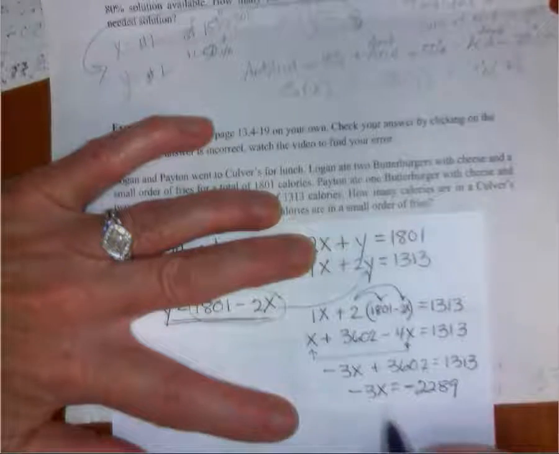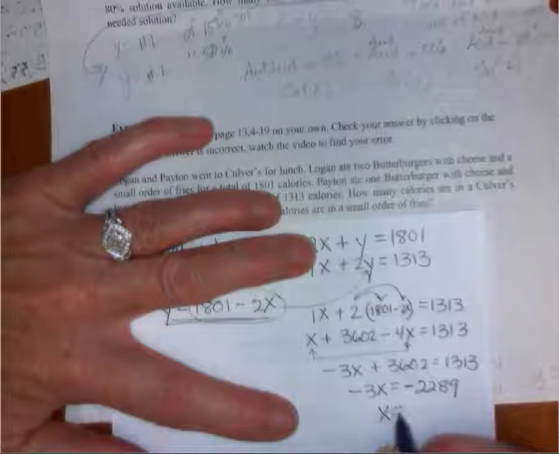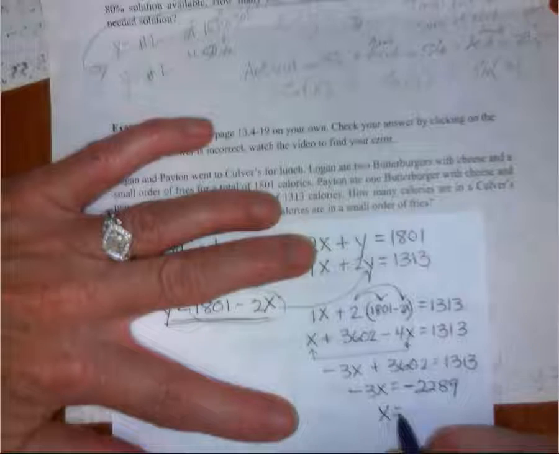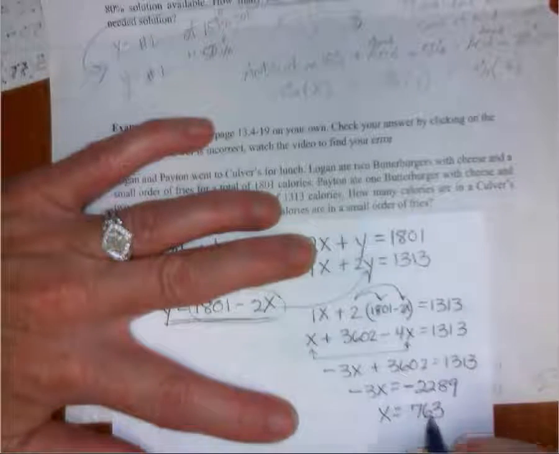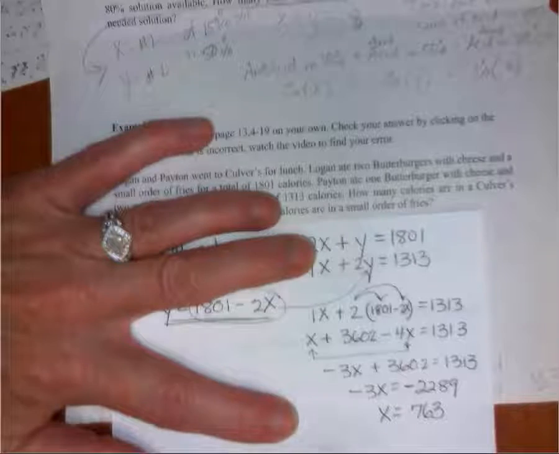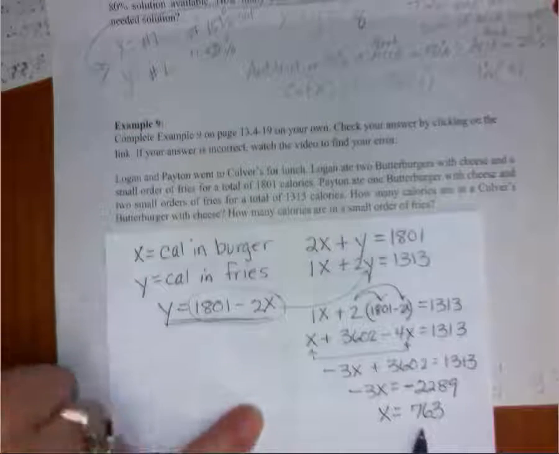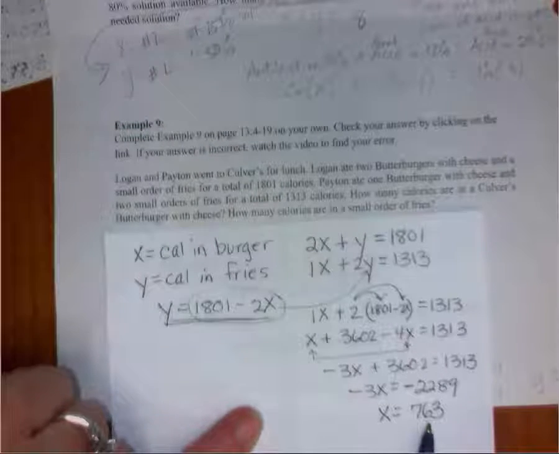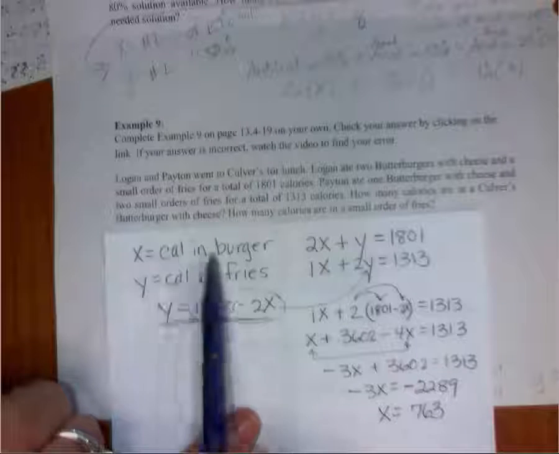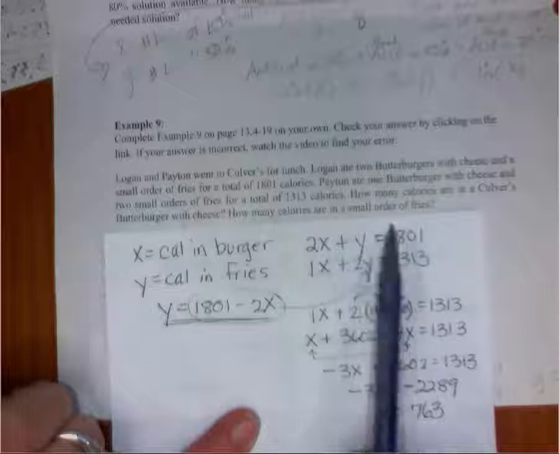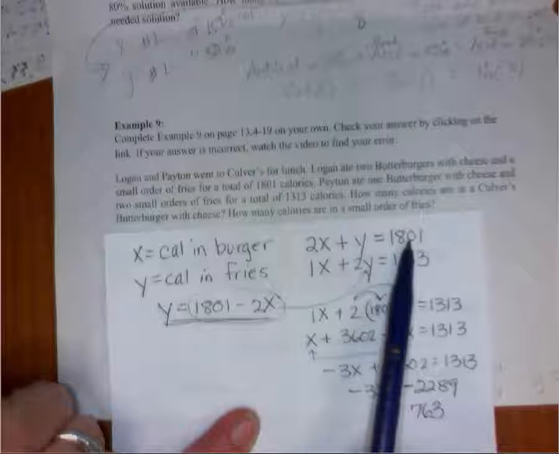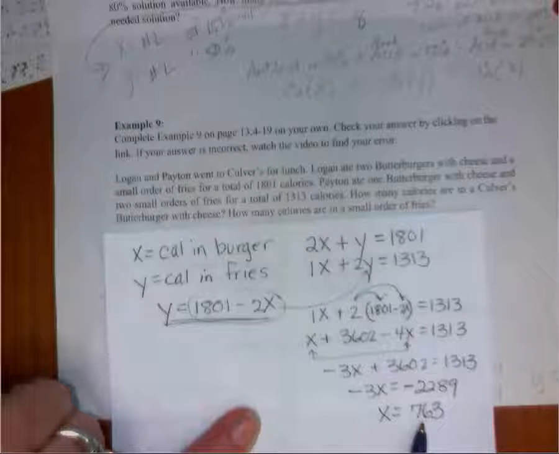Divide both sides by negative 3, giving x equals 763. So it probably sounds reasonable that 763 calories would be in the burger, especially if you ate 2 burgers and fries and had 1,800 calories. So that sounds pretty reasonable.